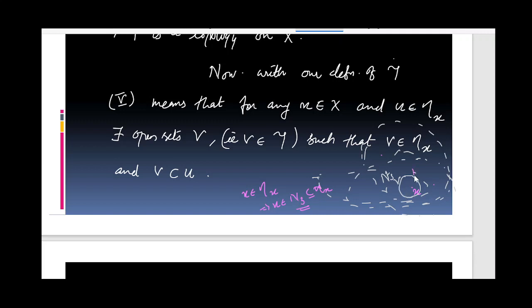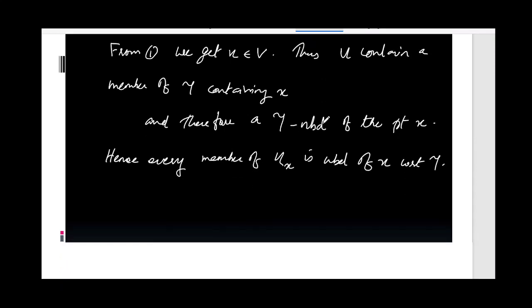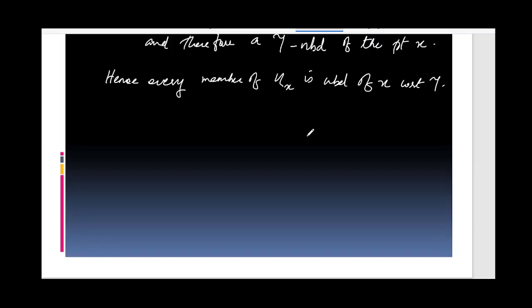That open set I am considering as this V. It's clear? So this V is contained in U. So instead of N3 I am having U. Now from condition 1 we get x belongs to V. Thus U contains a member of tau containing x. Therefore this is a tau neighborhood of x.